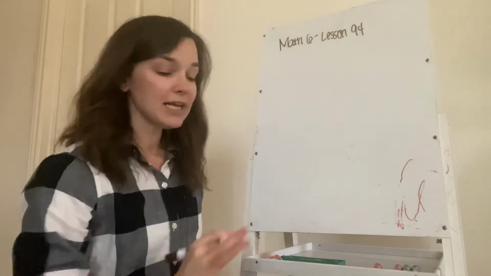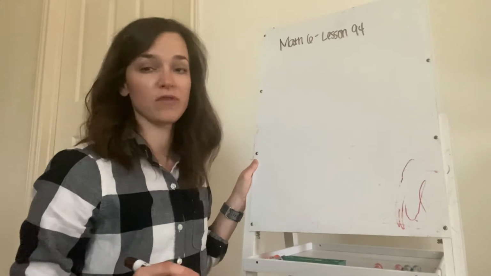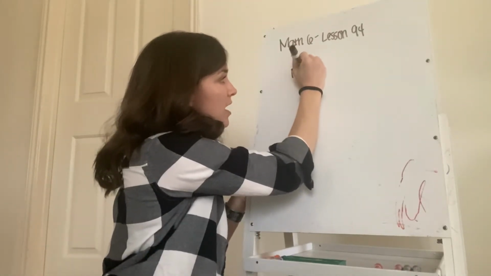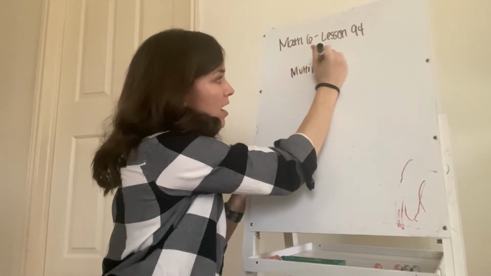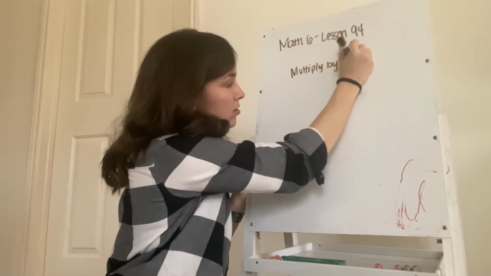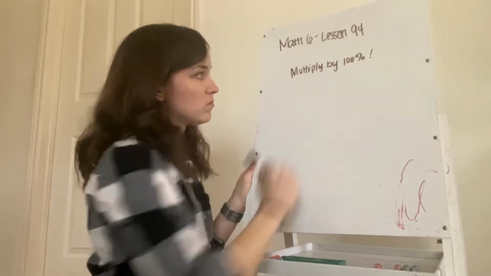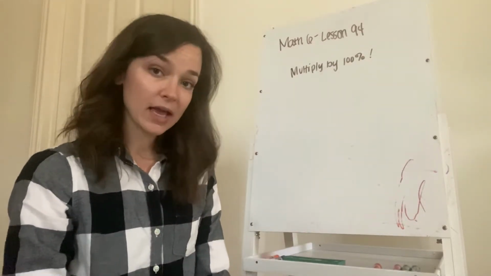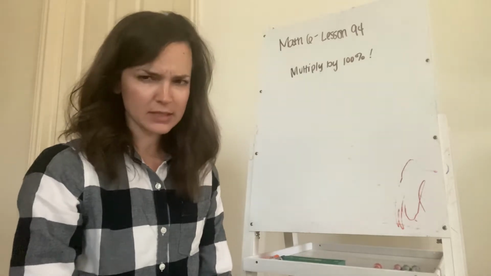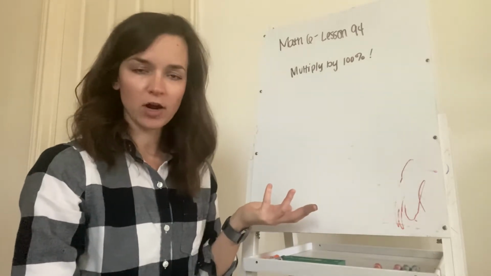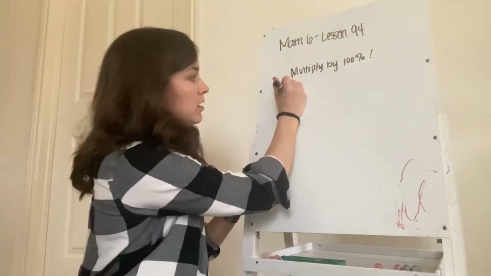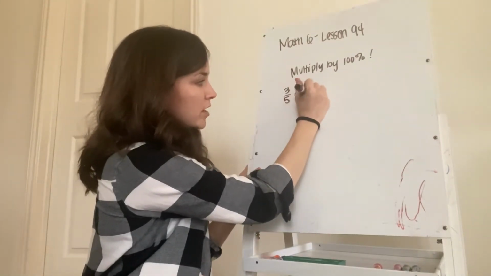Anytime you want to turn a decimal or a fraction into a percent, you can always multiply by 100%. So we're going to look at what that looks like, and we're going to look at why we would need this other method, because it seems pretty simple to do it the way that we already looked at, right?